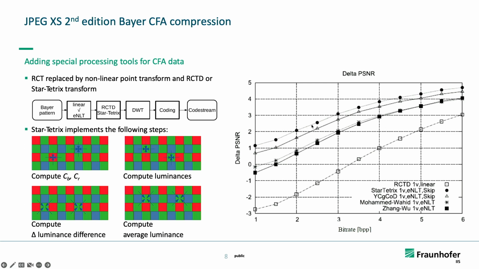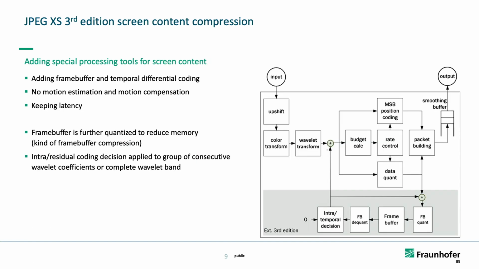With the Star-Tetrix transform and the nonlinear point transform, we achieved up to 4 dB better quality. The Star-Tetrix is more or less a lifting scheme where you compute the chrominances, the luminances, the delta of the luminances, and the average luminance, and you then use a 4-component wavelet transform afterwards.